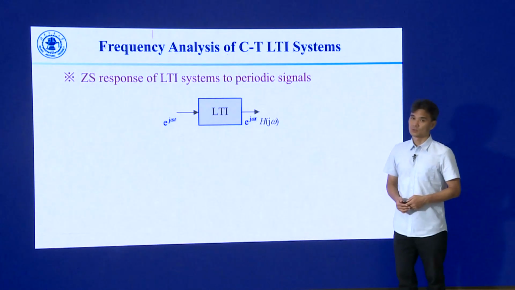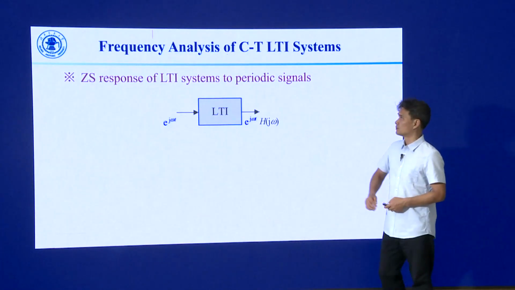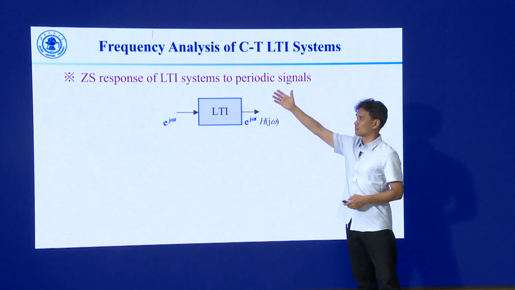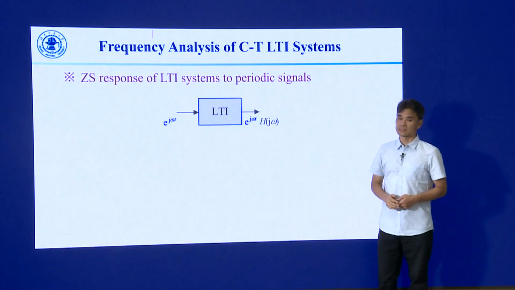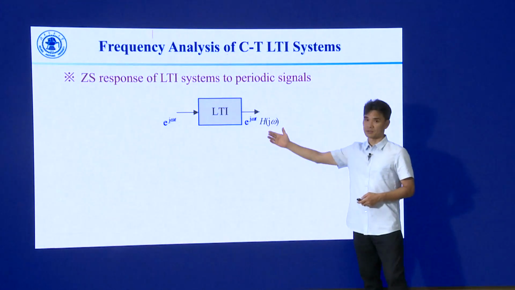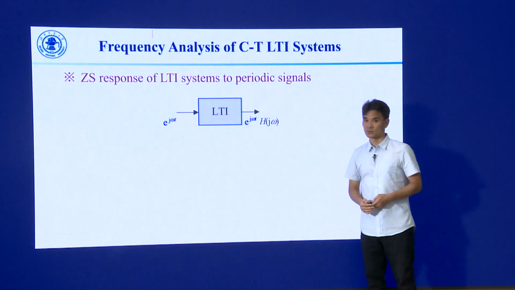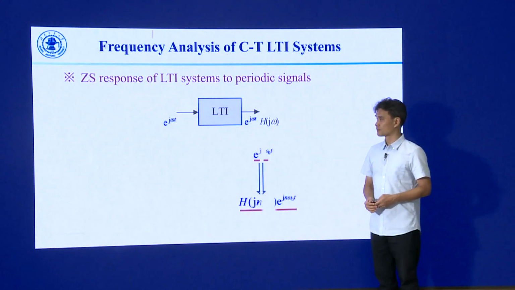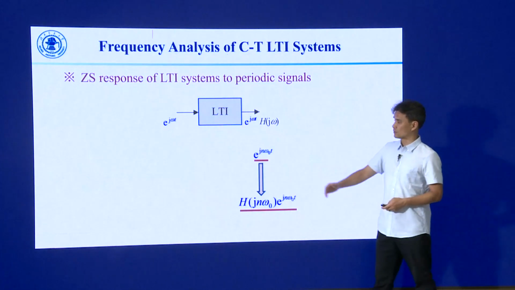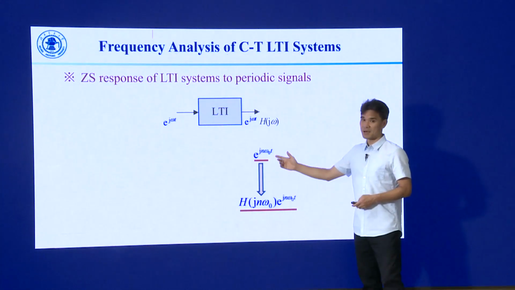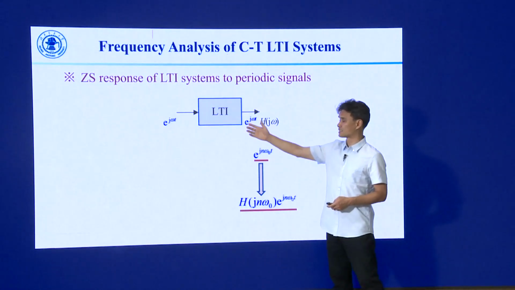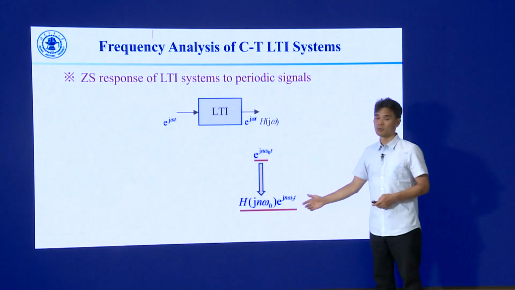Next, we'll study, for a periodic signal, what the LTI system's zero-state response is, based on the understanding we learned previously. So this is the imaginary exponential signal. If going through an LTI system, this will be the output.